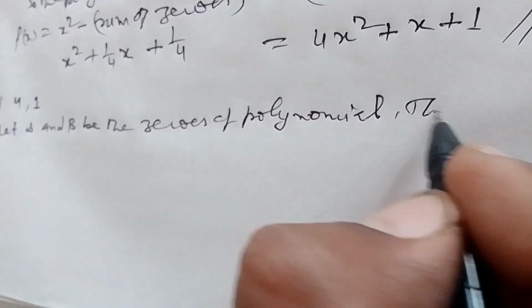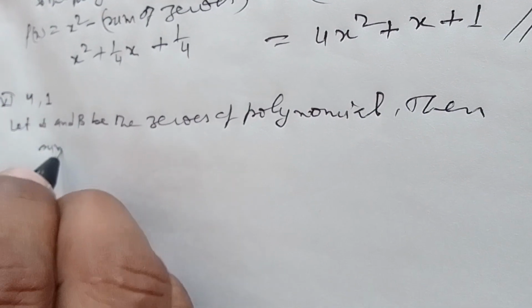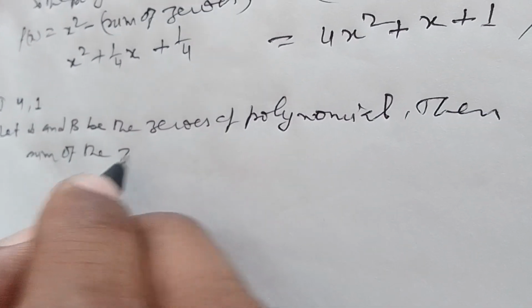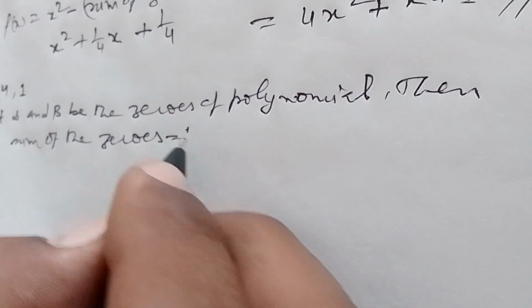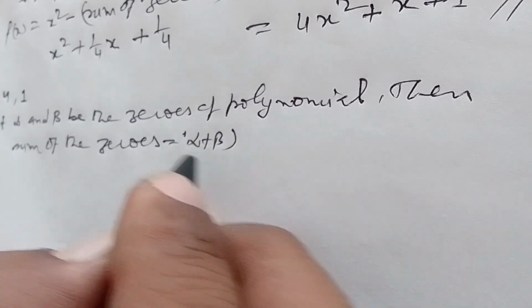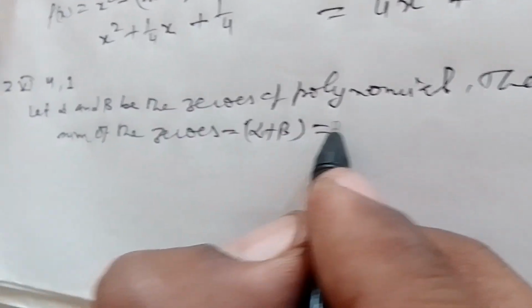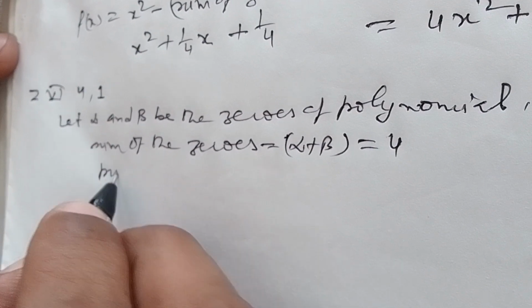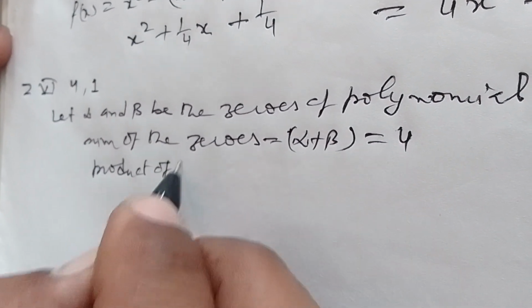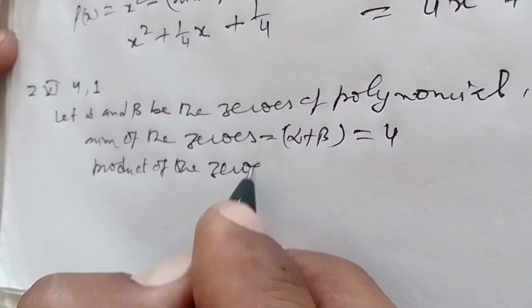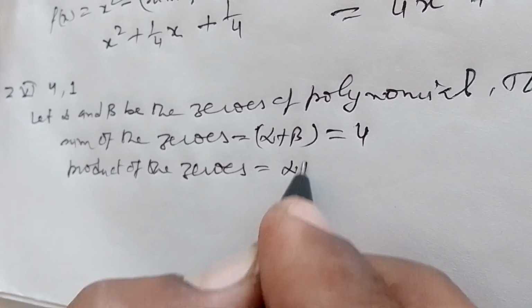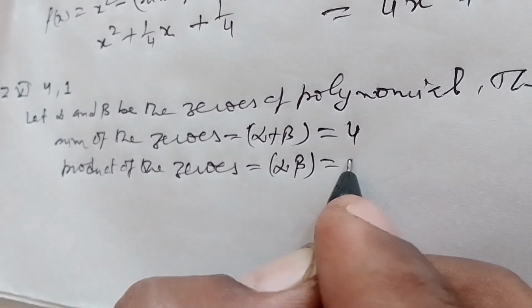Then the sum of the zeros, alpha plus beta, is given as 4, and the product of the zeros, alpha multiplied by beta, is equal to 1.